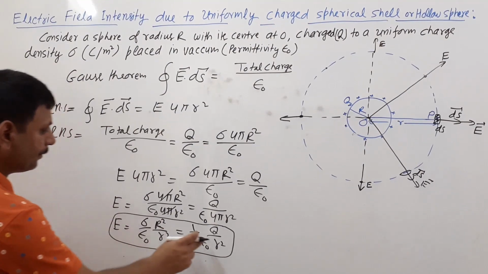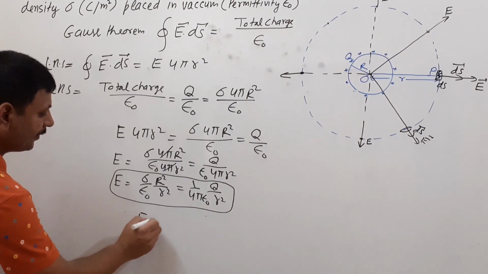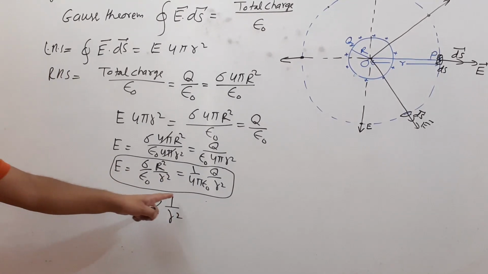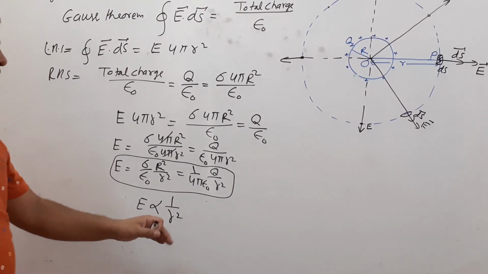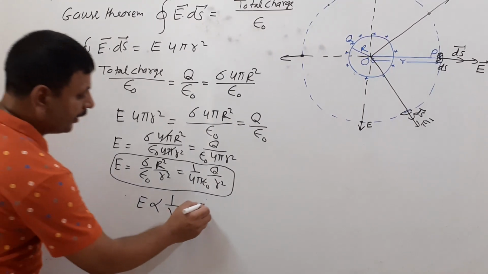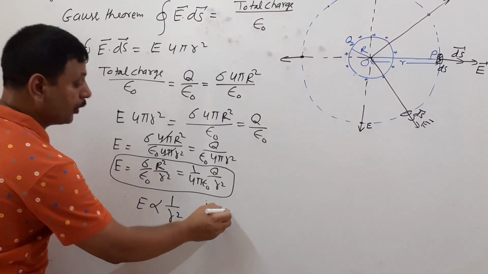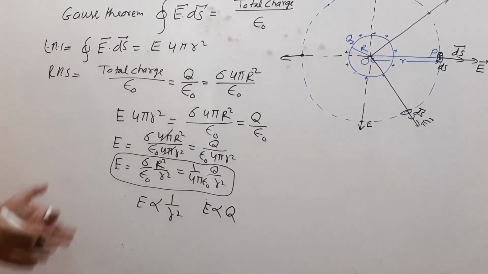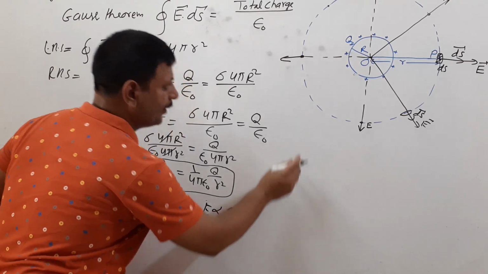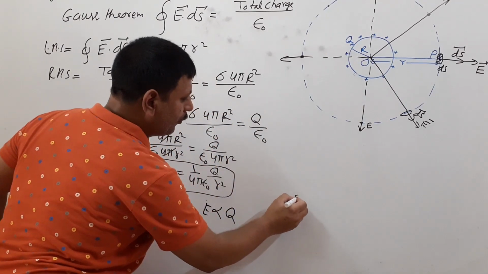Here we can see that E is directly proportional to 1 upon r square, or inversely proportional to distance square, and E is directly proportional to the total charge given on the spherical shell. This is equivalent to a point charge.